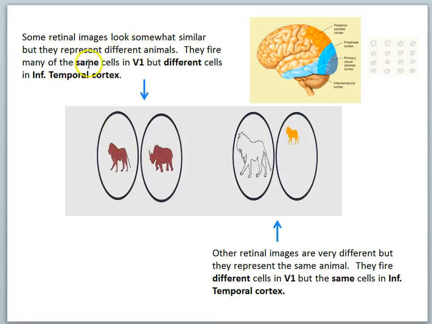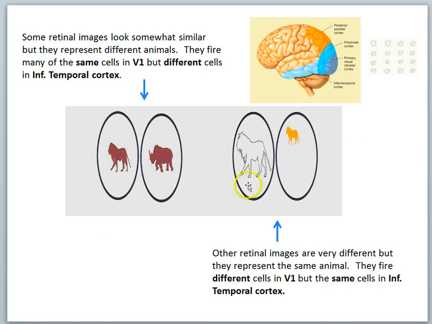Yet they fire many of the same cells in V1, so lots of the same cells will fire in V1 because they have similar shapes, but different cells in the inferior temporal cortex, right? So lots of cells in V1 will be responding to both of these. There's lots of overlap in the general shape here. But in inferior temporal cortex, there will be some cells that selectively respond to the lions and some to this thing.